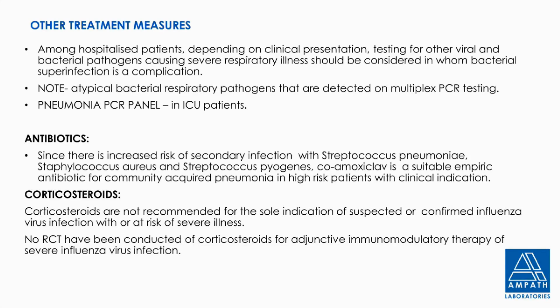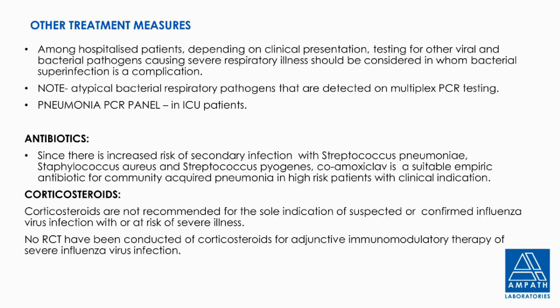When there is a high risk of secondary bacterial infection due to those culprits, then your co-amoxiclav, otherwise known as Augmentin, is a suitable empiric choice for those who are at risk for community-acquired pneumonia and who have a clinical indication. But it's a no-no to give antibiotics for viral infections because they will not work as an antiviral. Also, corticosteroids are not recommended for the sole indication of suspected or confirmed influenza or any other viral infection.